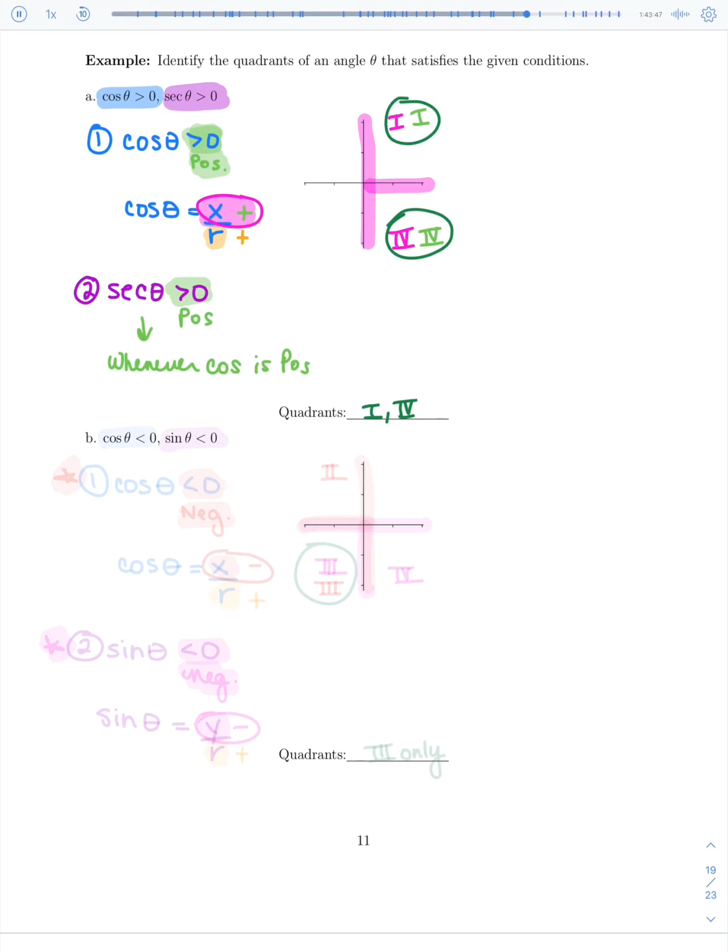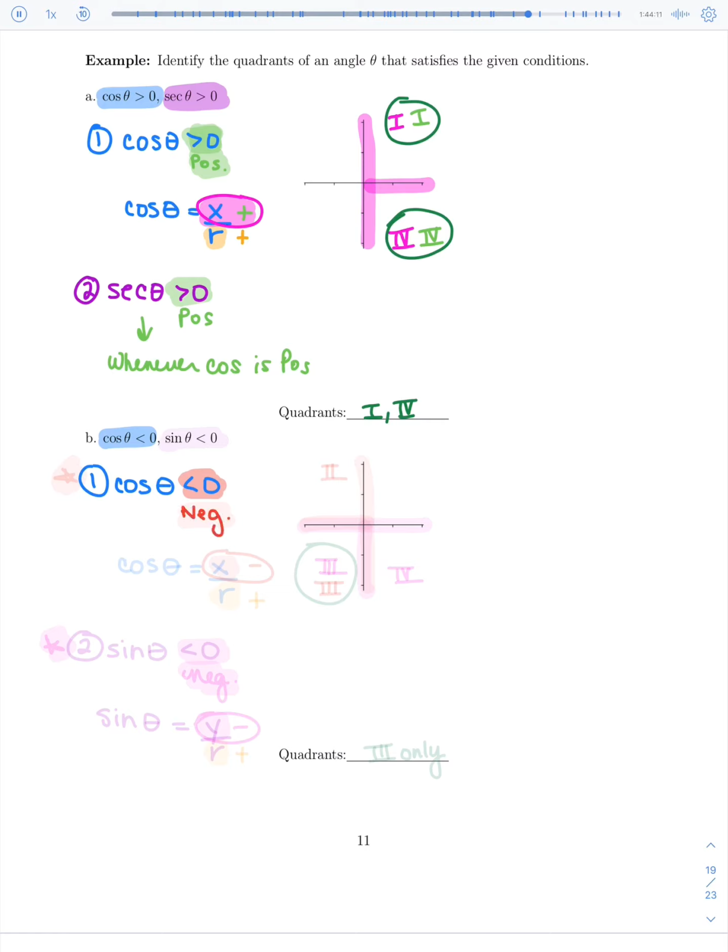In B, they want us to look at cosine of theta being less than 0 as our first point of interest. So we've got cosine of theta, and we want it to be less than 0. Remember that less than 0 means now, instead of positive, we want it to be negative.